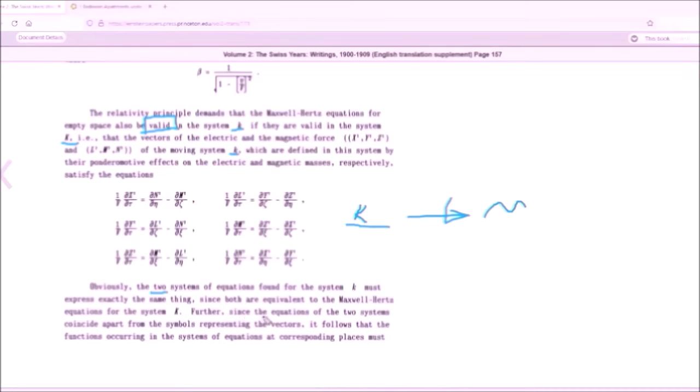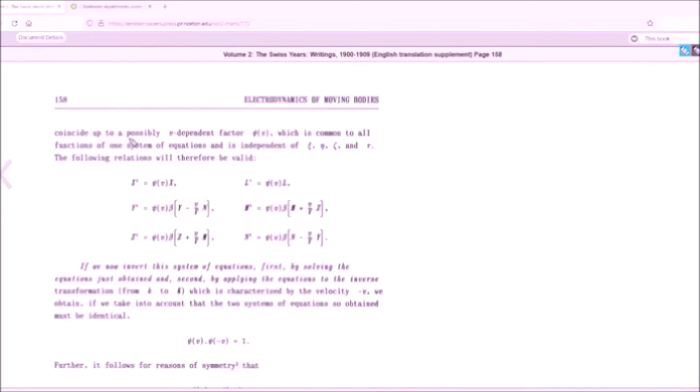Further, since the equations of the two systems coincide apart from the symbols representing the vectors, it follows that the functions occurring in the systems of equations at the corresponding places must coincide up to possibly a v-dependent factor psi.